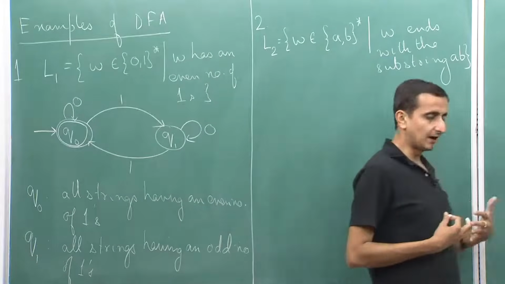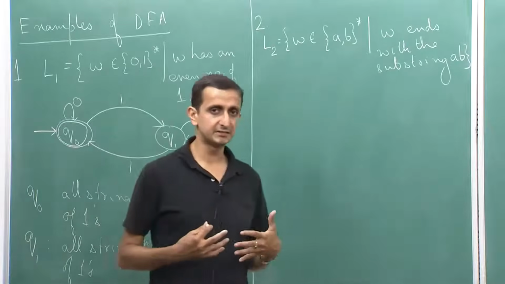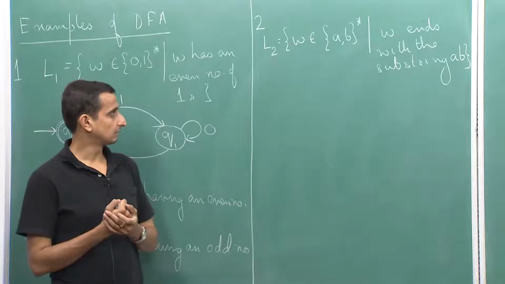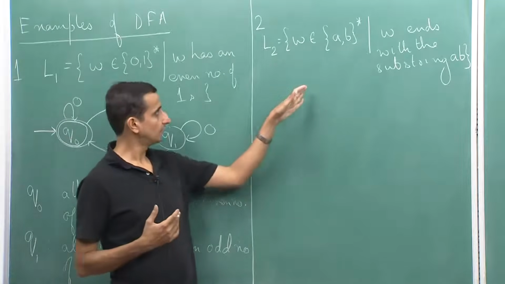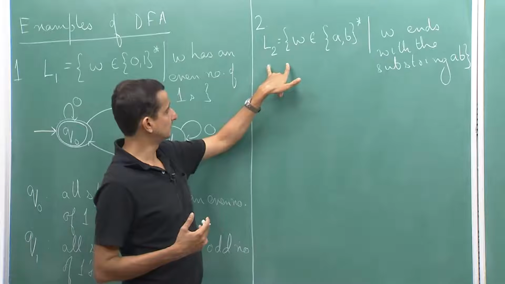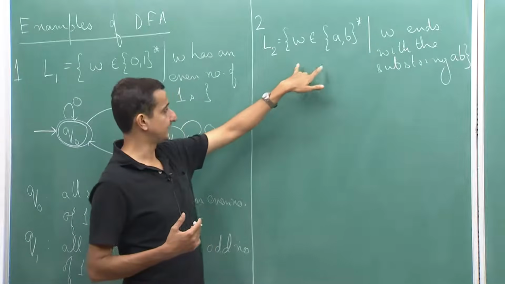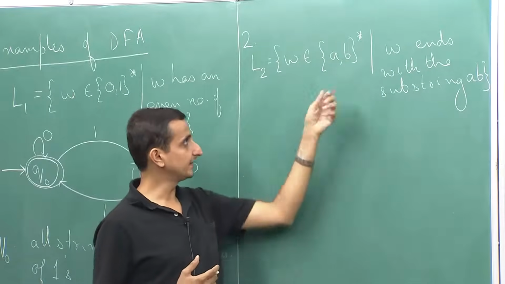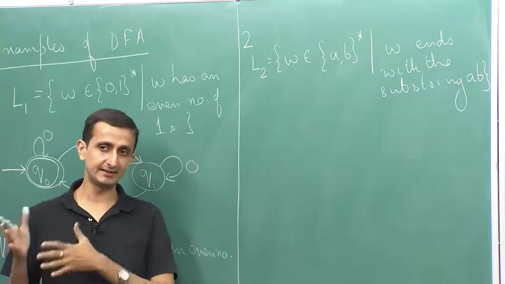So, let us try to understand again what kind of information the states should capture. So, when we look at the set of strings that end with an AB, I can look at the set of all strings over A B and classify them into 3 sets.